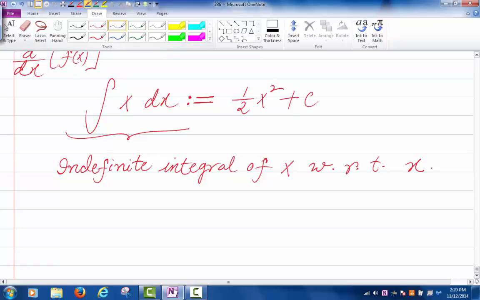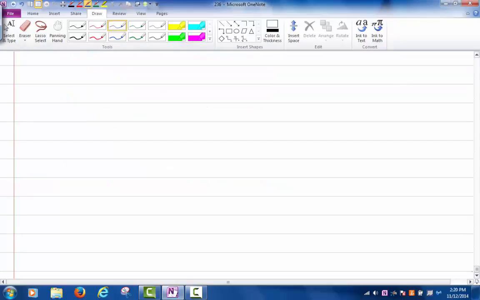All right, so let's look at another example. Let's say I have the function x squared. What's the general form of the antiderivative of this? First of all, find one antiderivative. What function can you come up with whose derivative is exactly x squared?